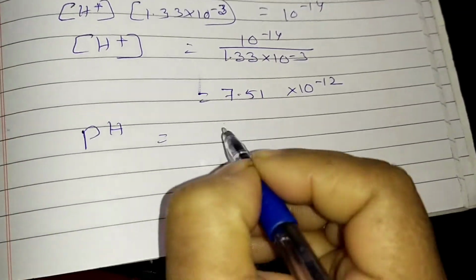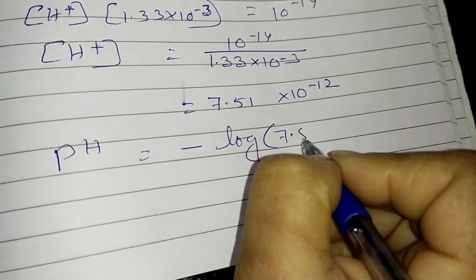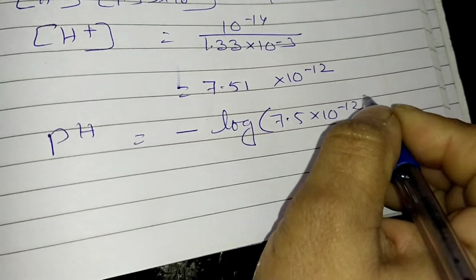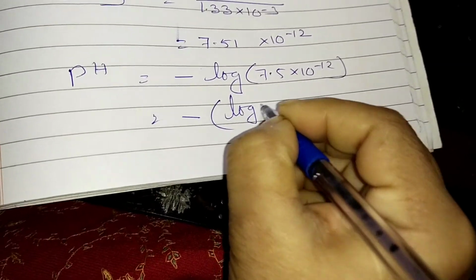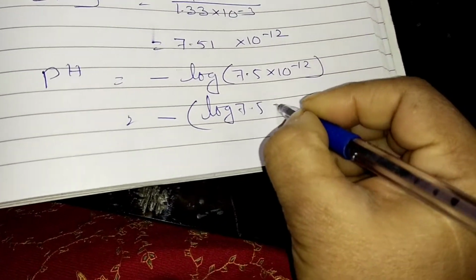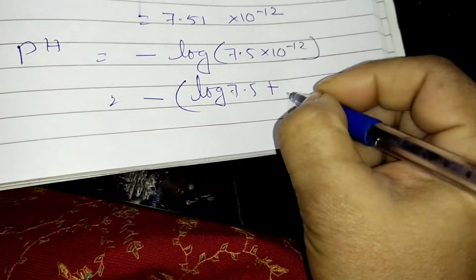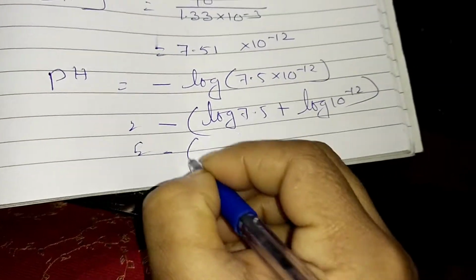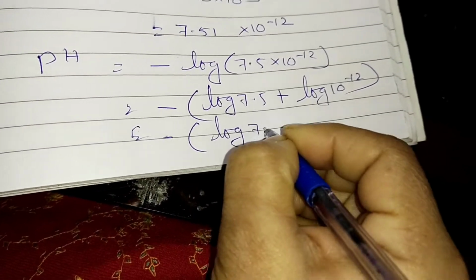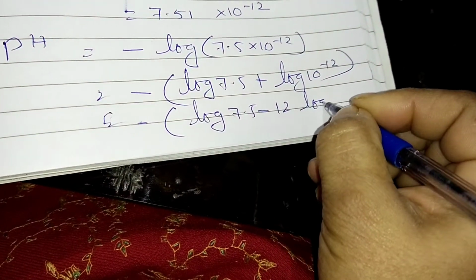So how can we find pH? pH is the negative logarithm of the H plus concentration. So it is minus log of 7.5 × 10^-12, which is minus log 7.5 minus log 10^-12, that is plus 12 log 10.